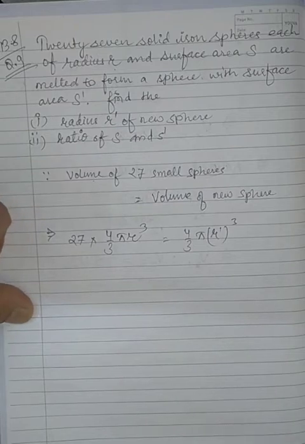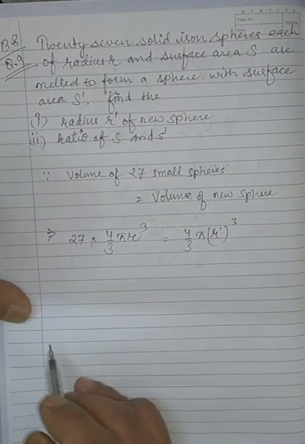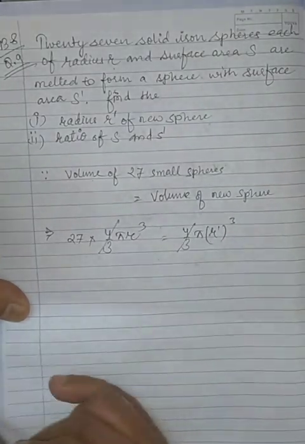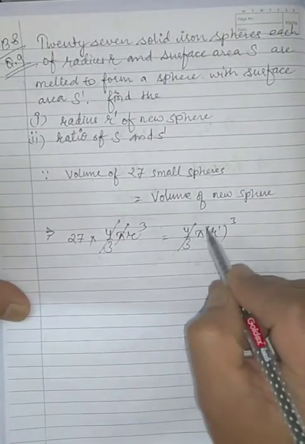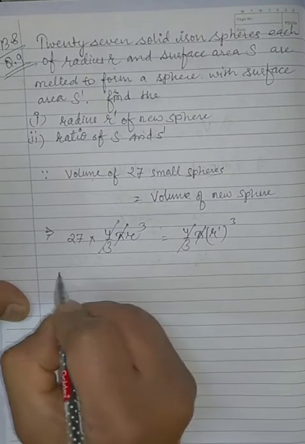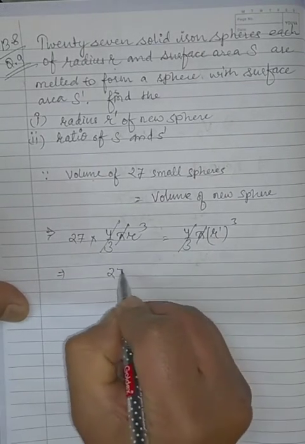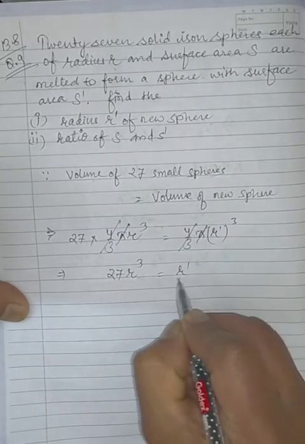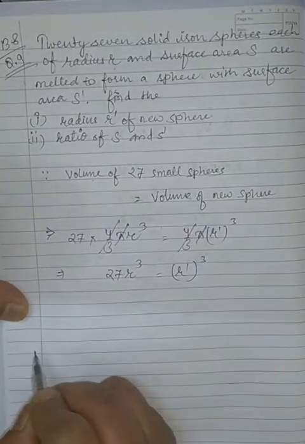Okay, the radius of the new sphere is r dash. So from here we can cancel 4 by 3, we can cancel pi also. That implies 27 r cube is equal to r dash cube.